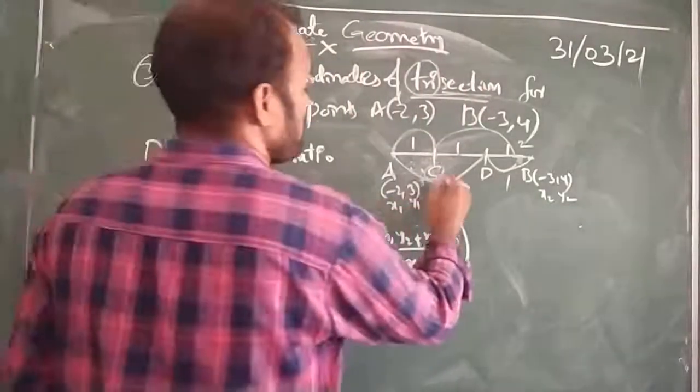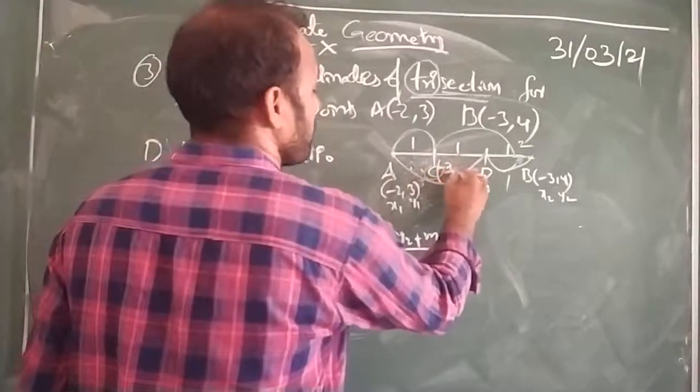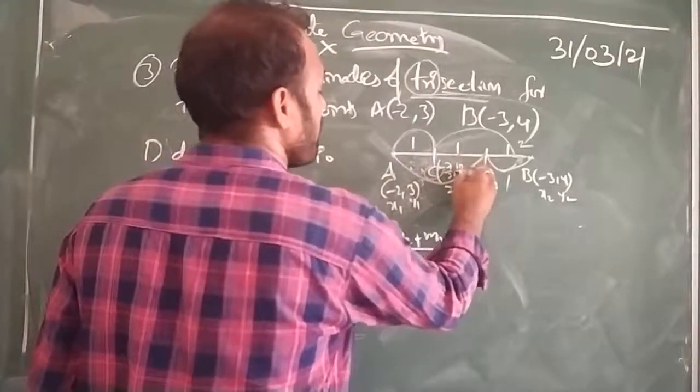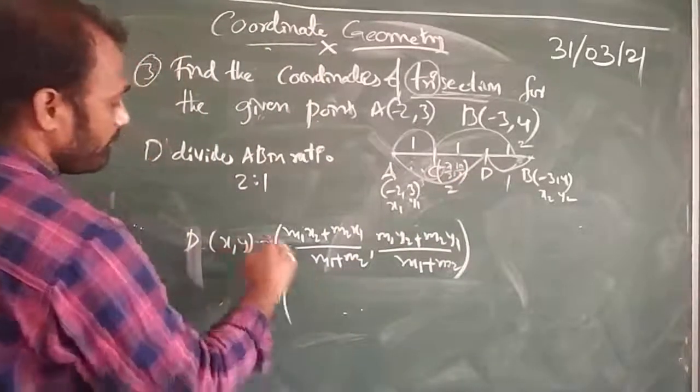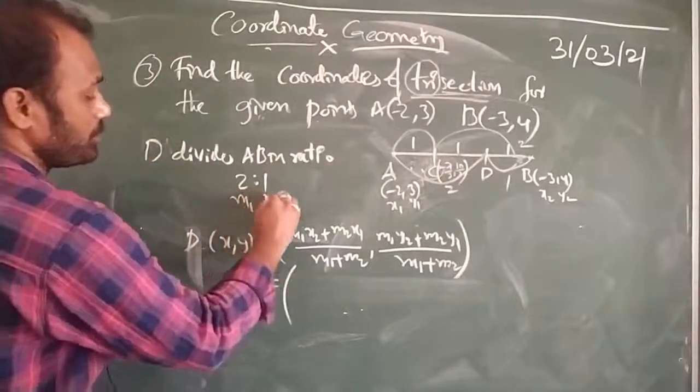So let me write the coordinates here, minus 7 by 3 comma 10 by 3. Now m1 is 2, m2 is 1.